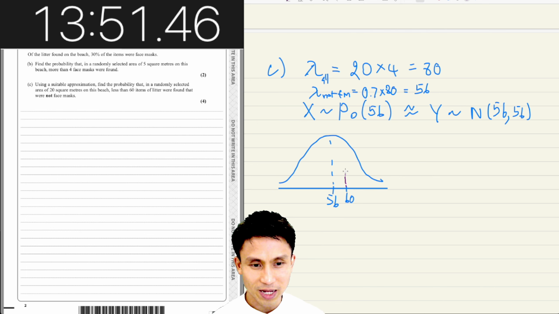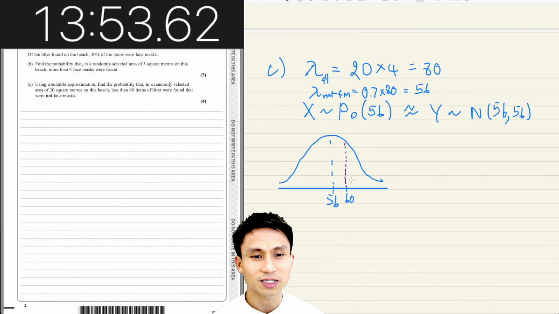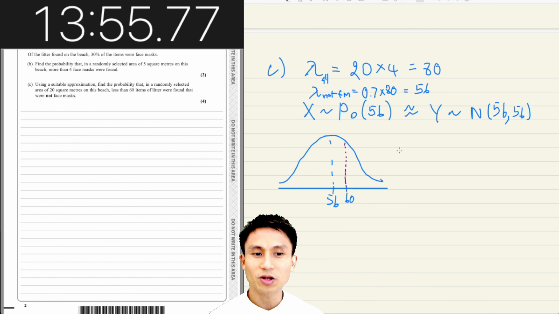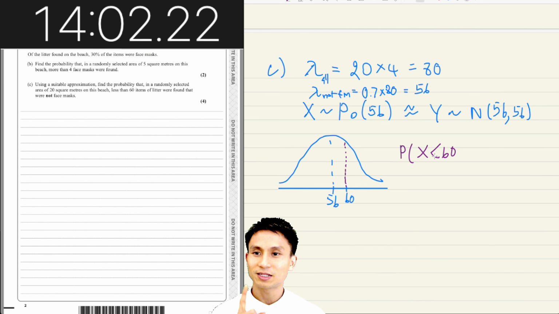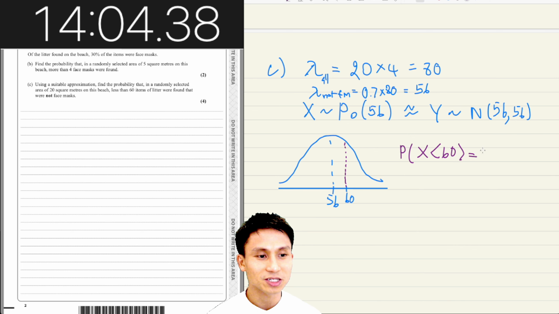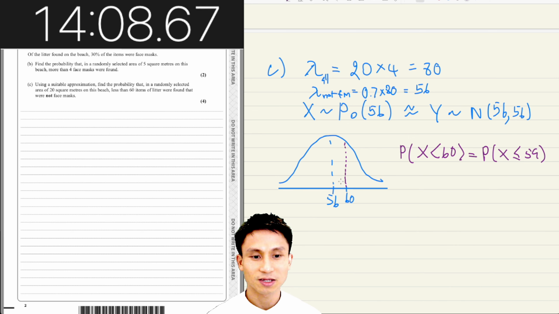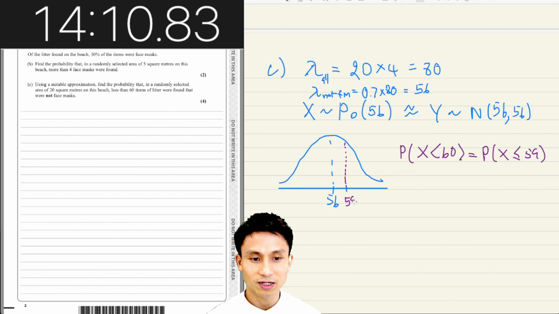So my technique here about the continuity correction is that you want the area, right? You want the probability of X less than 60 items. You got to be careful. This is saying less than 60. So we need to change that to P of X less than or equal to 59 first. That has to be changed to 59 instead.